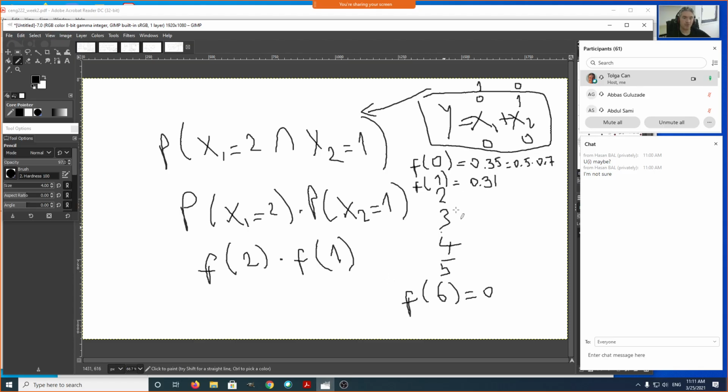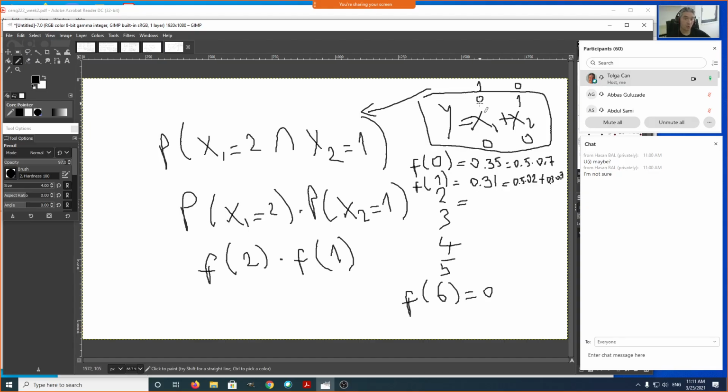Okay, so I obtained this 0.31 by multiplying 0.5 with 0.2, which indicates 0 errors in the first module and 1 error in the second module, plus 0.3 times 0.7, which is 1 error in the first module and 0 errors in the second. Now 2 could be obtained in 3 different ways, right?